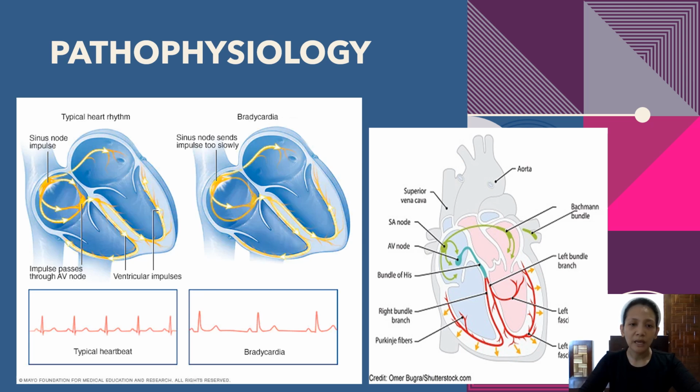It will not achieve 60 beats per minute, but the pathway remains the same, which appears to have a normal morphology and contraction. So a typical heartbeat would have a normal heart rate with a morphology of P, QRS, and T wave, while a sinus bradycardia would have the same pathway, the same P, QRS, and T wave, however, with a slower rate because of the SA node firing.